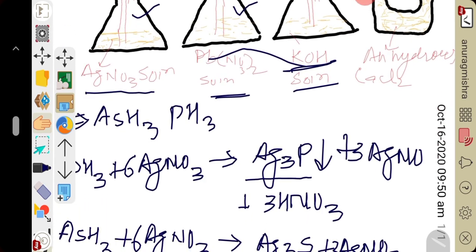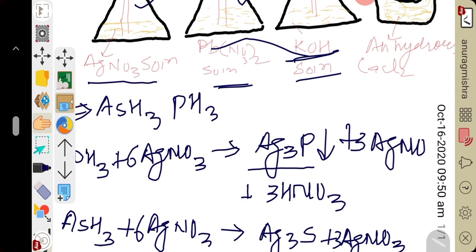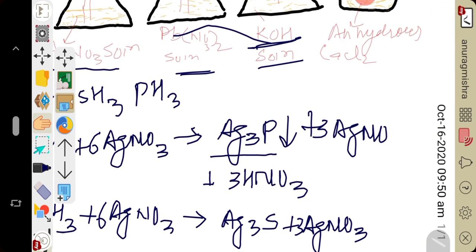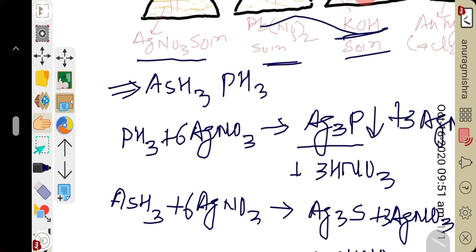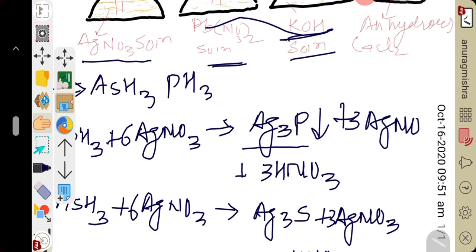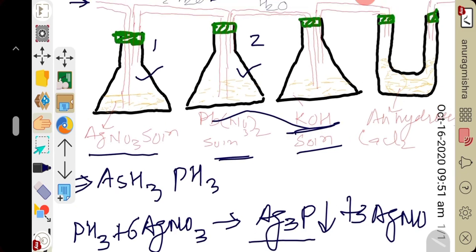Phosphine reacts with silver nitrate solution to form Ag3P plus nitric acid. In this way we removed phosphine from the hydrogen gas. In the second reaction arsine reacts with silver nitrate solution to form Ag3As plus nitric acid. In this way arsine is removed from hydrogen gas. So phosphine and arsine we removed by passing it through silver nitrate solution.